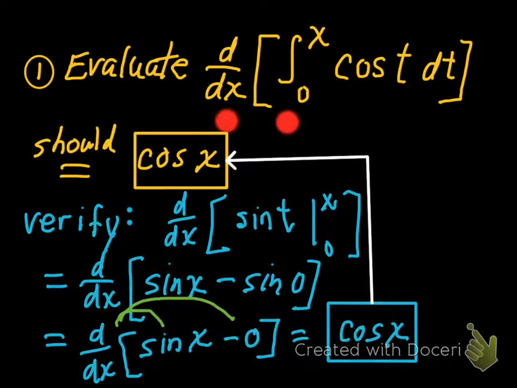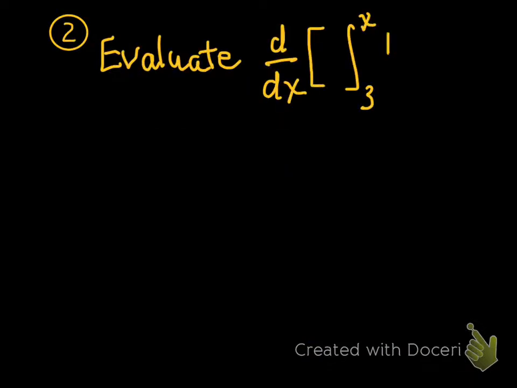Let's see if this pattern continues with a second problem. This is number 2. We want to evaluate the derivative of the integral from 3 to x of t squared dt. All right, let's take a look.